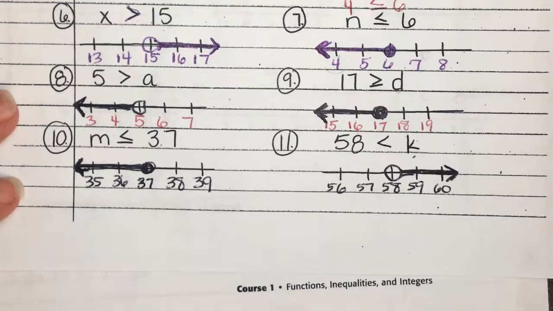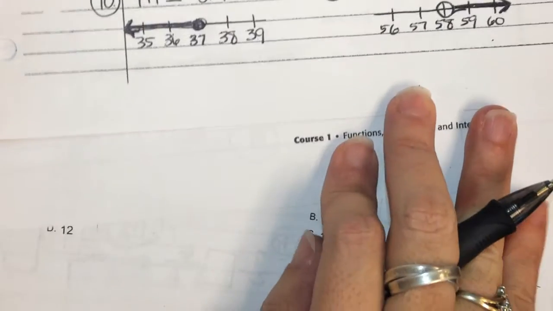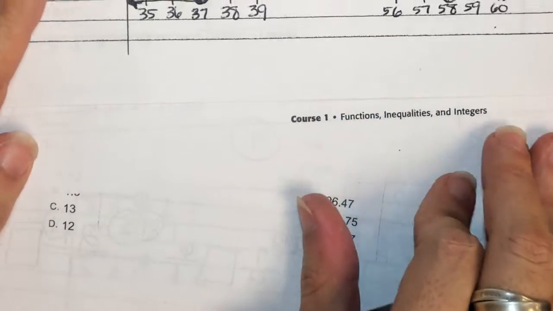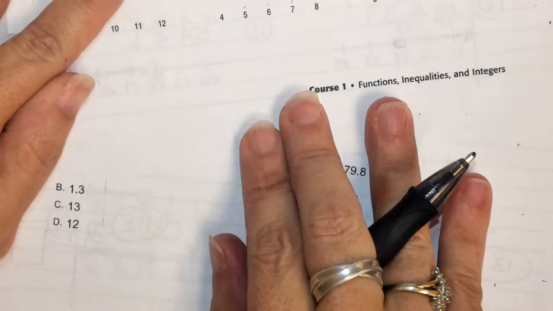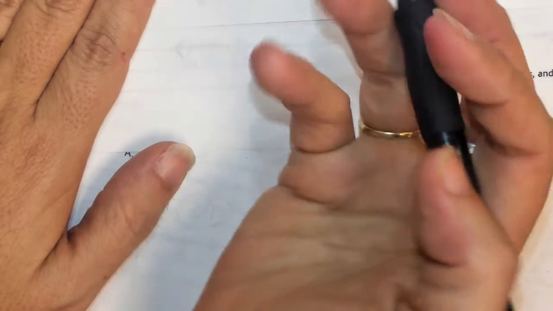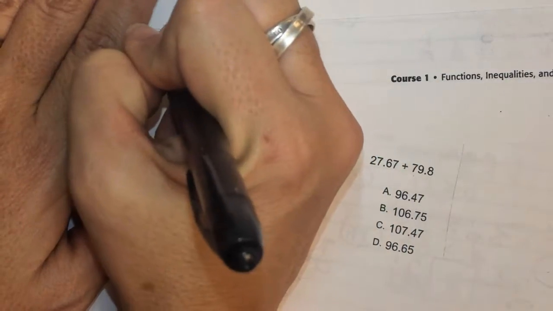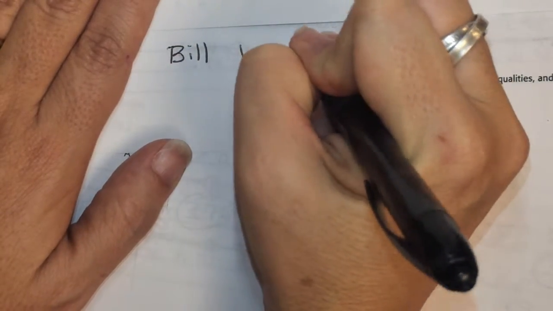A couple weeks ago, and I have this on my whiteboard, but I just want to write it so you guys can see it. We're going to go to the top of the sheet, but I want you to look at something real quick. Okay, just trying to find some white paper. Listen, we would have something goofy like Bill lost $10. Okay.